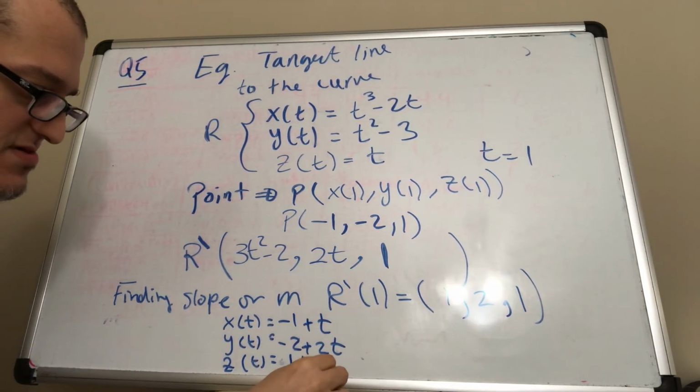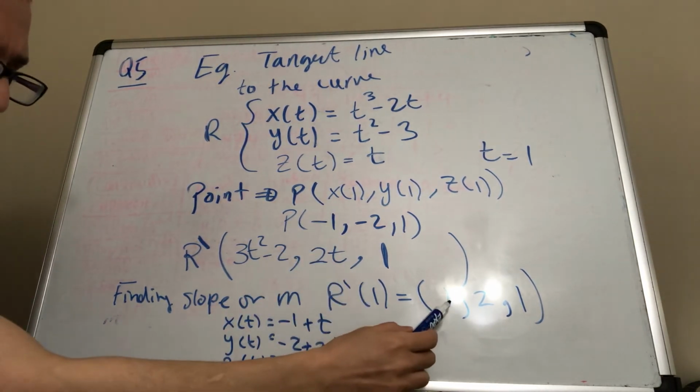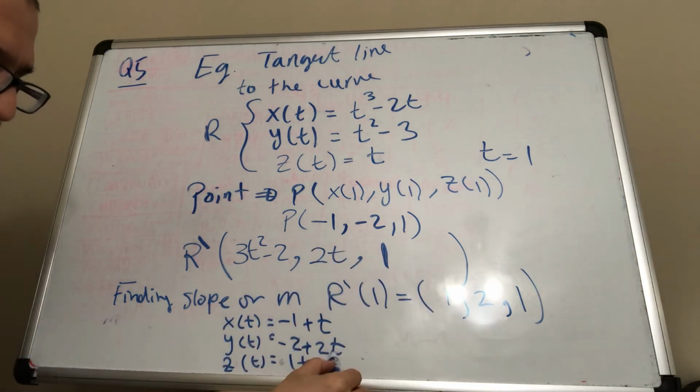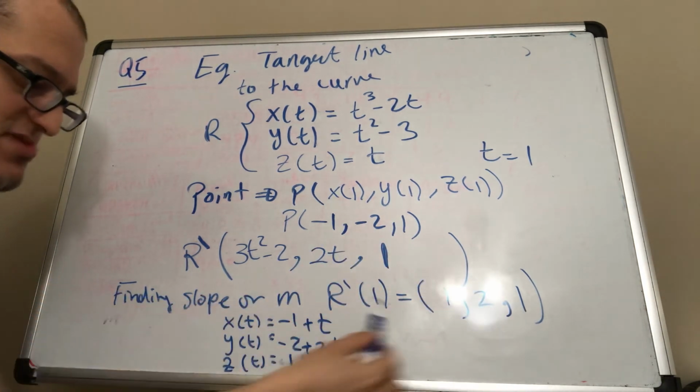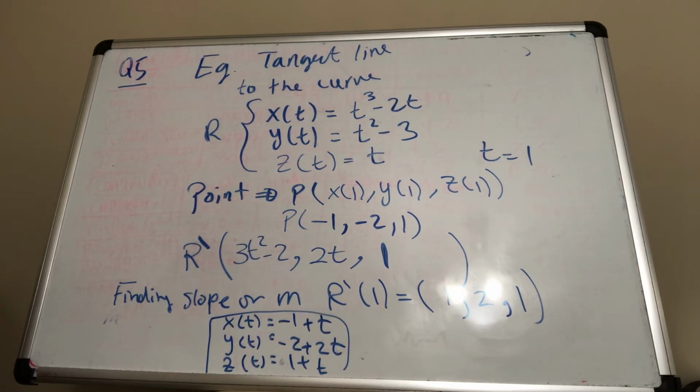So you take the point first plus the slope t, the point plus the slope t, and the point plus the slope t. This is the equation that they're looking for, the tangent line. I'm going to stop this video, and in the next one I'll do worksheet B.